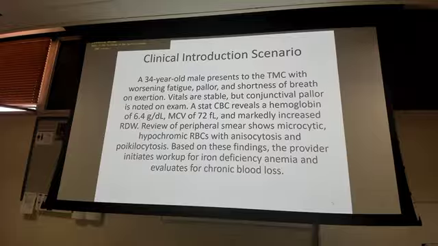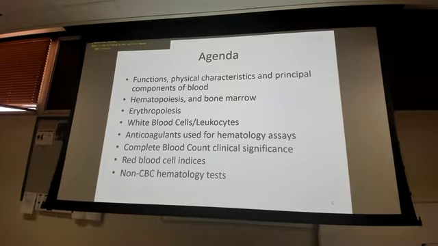Review of the peripheral smear shows microcytic hypochromic RBCs with anisocytosis and poikilocytosis. Based on these findings, the provider initiates a workup for iron deficiency anemia and evaluates for chronic blood loss. So that's just a bunch of stuff we don't know about. But at the end of this lecture, you all will know what that means.